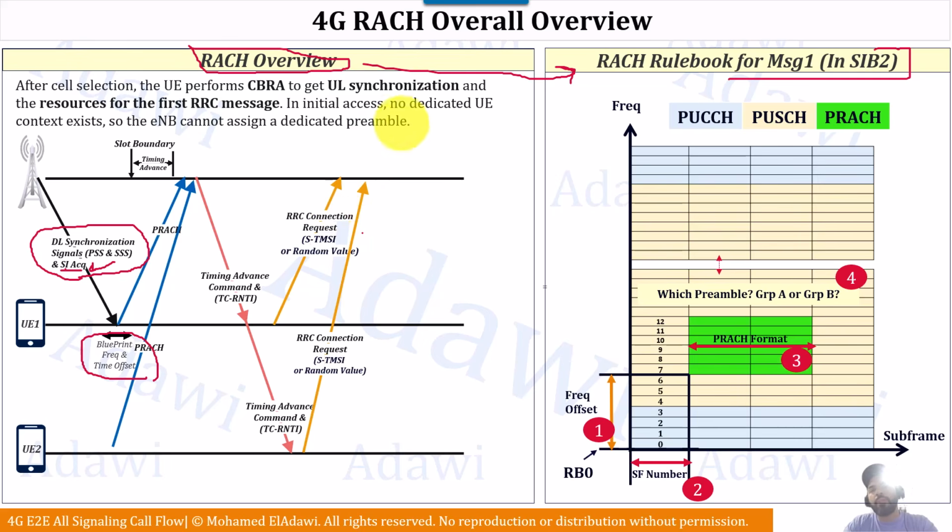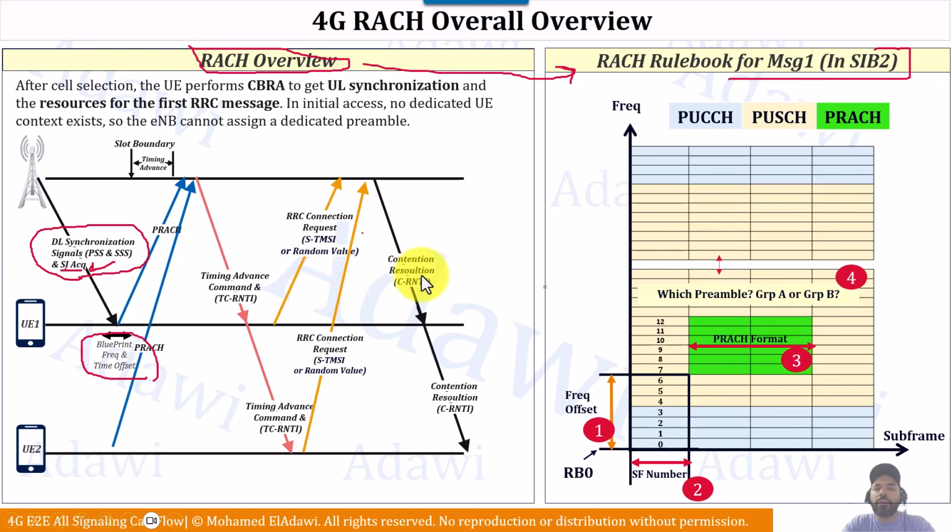So what will happen? There is something called MAC contention resolution, or message number 4. It will be sent by the eNB to both UE1 and UE2 to settle the conflict between them, to tell them which of these users is the winner, whose message 3 was successfully decoded, and which one failed.